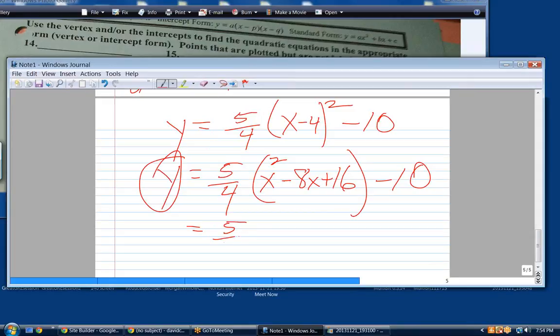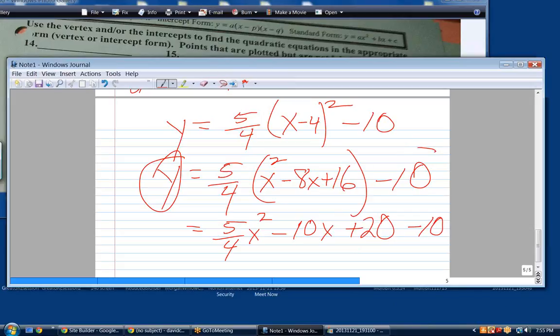5/4 x squared, oh wait, hold on. Minus 10x, and then plus 20. Minus 10. Right?